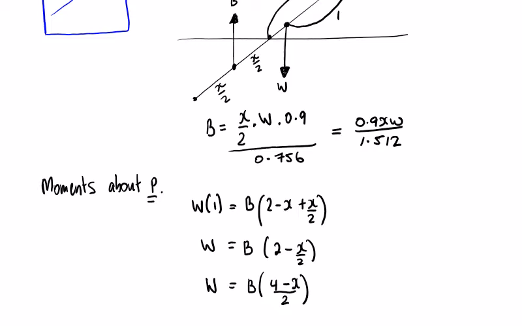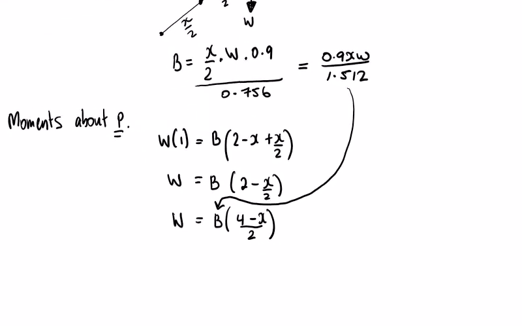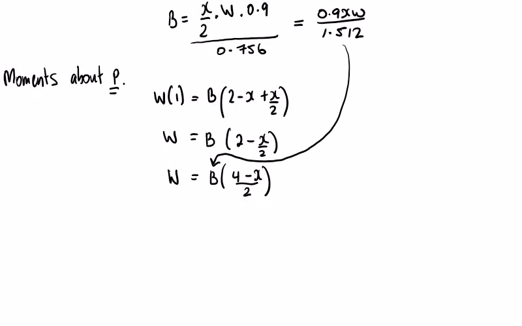Now we have two values for buoyancy. We can replace this B with the B from above. We'll have a W on each side, which we can cancel, and we should be able to solve for X. So W is equal to 0.9XW over 1.512 times (4 minus X) over 2.